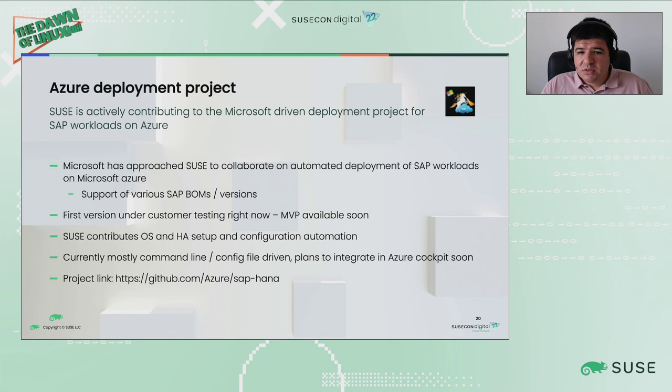The first version is right now under customer testing, and a minimal viable product is available. And SUSE made sure to be part of the Azure automation framework for SAP, contributing and validating all the OS and high availability configuration steps, and also contributing, obviously, part of the code and the project management.